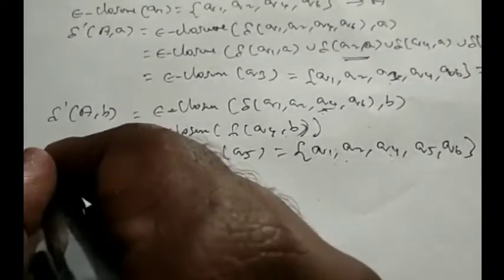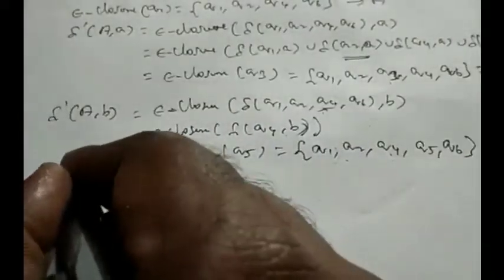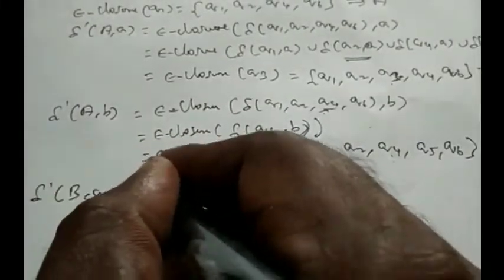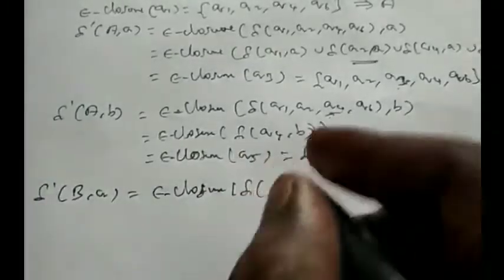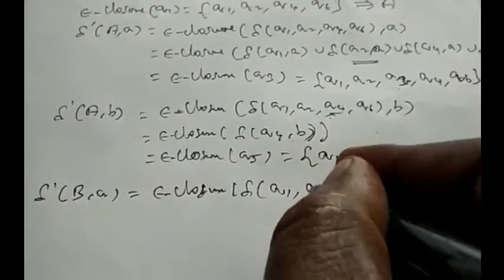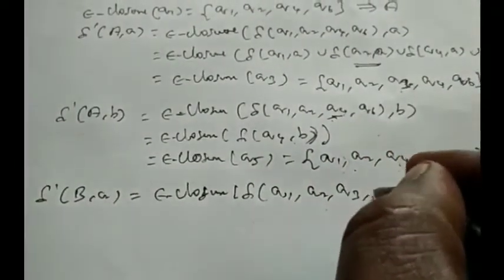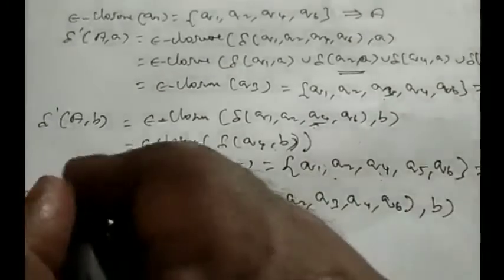So delta dash B comma A is equal to epsilon closure delta of, and what is B? So B is actually Q1, Q2, Q3, Q4, Q6 and I apply A here. So where actually can A be applied?